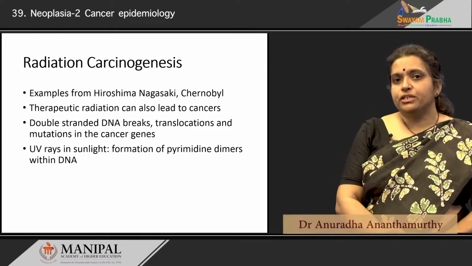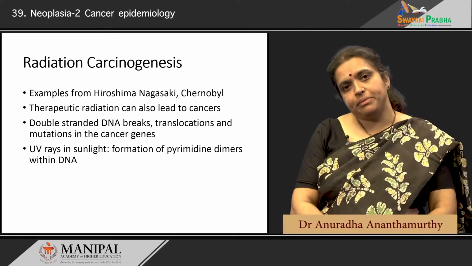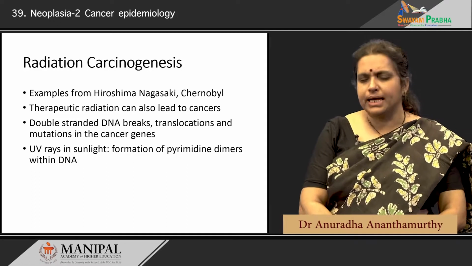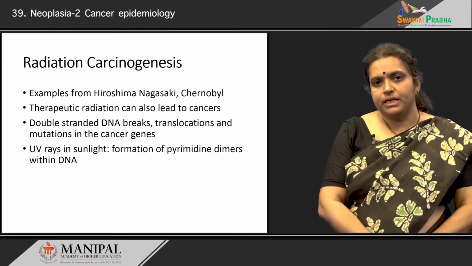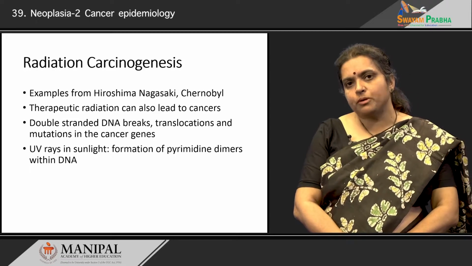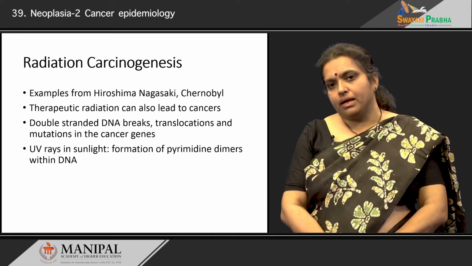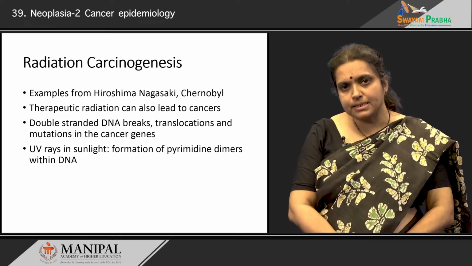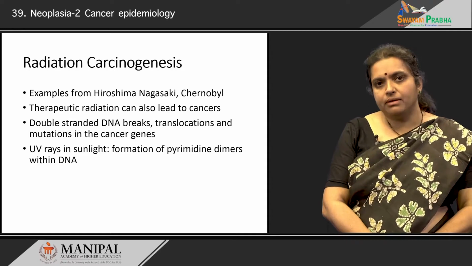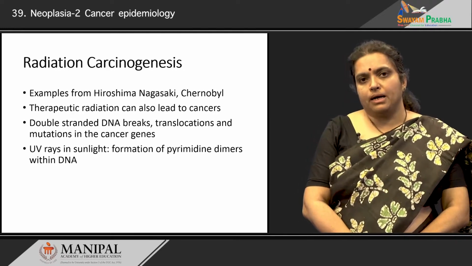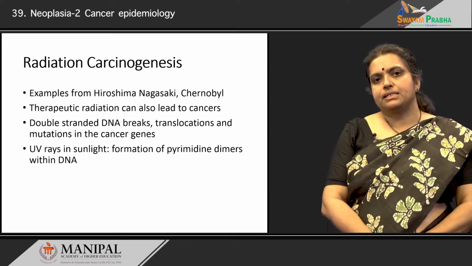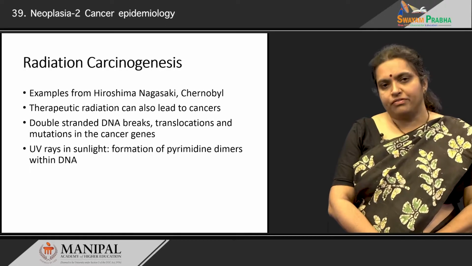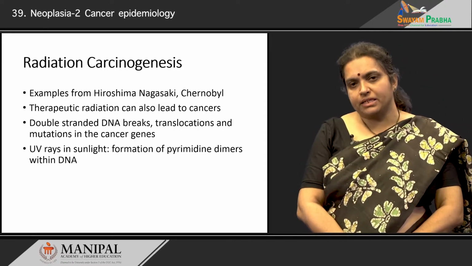So, in today's lecture we discussed something about the epidemiology of cancer, how certain cancers are common in certain populations, certain others are not, and how environmental factors contribute to the development of cancers. We also talked about chemical carcinogenesis, how alkylating agents and other agents cause cancers either as directly acting or after being converted into active substances.